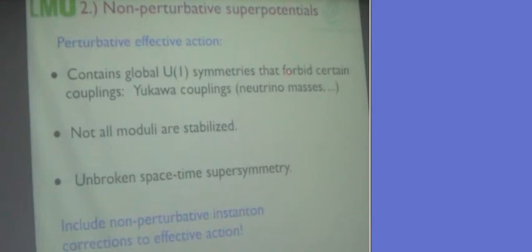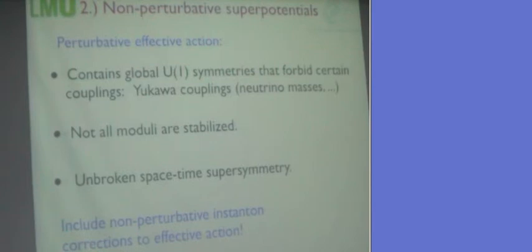These global symmetries very often forbid certain couplings, like Yukawa couplings or neutrino masses. So in many models you have a problem that there are no Majorana-like neutrino masses perturbatively, and one would like to know whether they can be generated non-perturbatively.